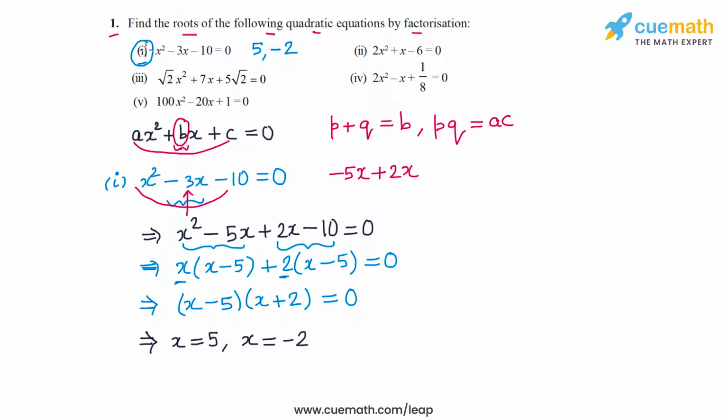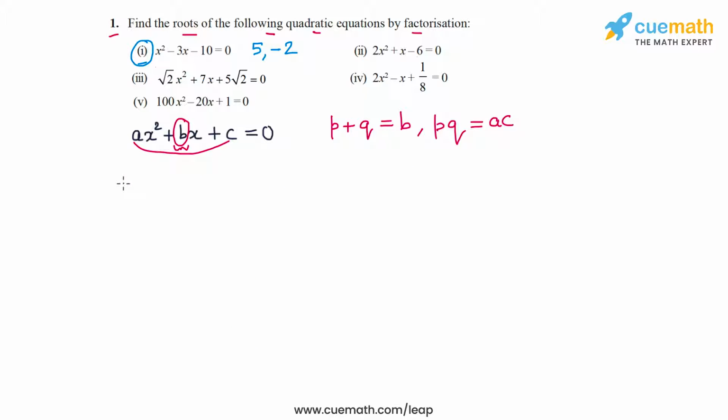Now let's do part 2. In part 2, the equation is 2x square plus x minus 6 is equal to 0. To split the middle term, we have to find two numbers such that their sum is 1, the coefficient of x, and their product is 2 times minus 6, or minus 12.